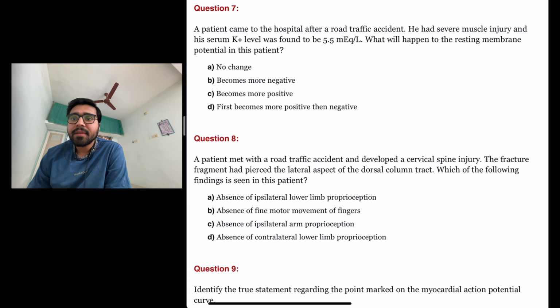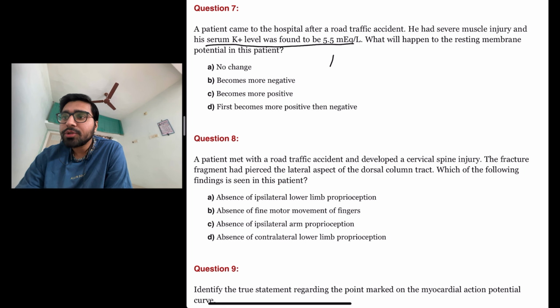The next question is, a patient came to the hospital after a road traffic accident. He had severe muscle injury and his serum potassium level was found to be 5.5 milliequivalent per liter. What will happen to the resting membrane potential in this patient? So this scenario is suggestive of a potassium level of 5.5 milliequivalent per liter. So it is a hyperkalemic situation, suggestive of hyperkalemia.